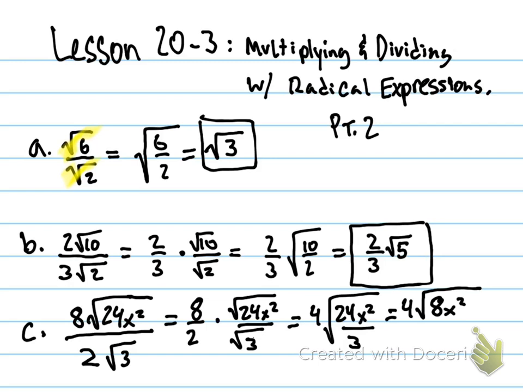And we know 8x squared is equal to 4 times 2, and x squared is x times x. Then we've got to split this up even more: 2 times 2 times 2 times x times x. All right, and we're going to take out the two 2's.